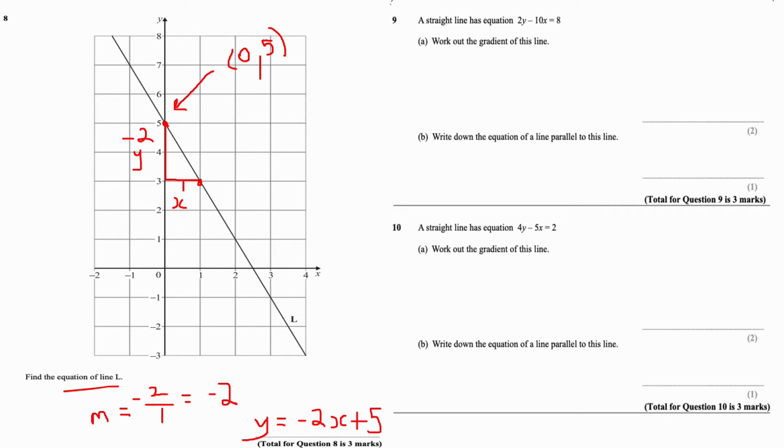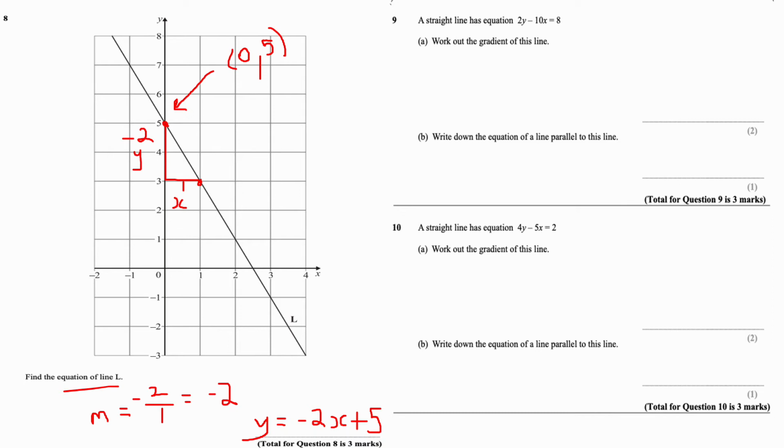It's a negative gradient because it's sloping in this direction, and it goes through positive 5, which is correct. That's the y-intercept. The plus c is where it crosses on the y-axis.